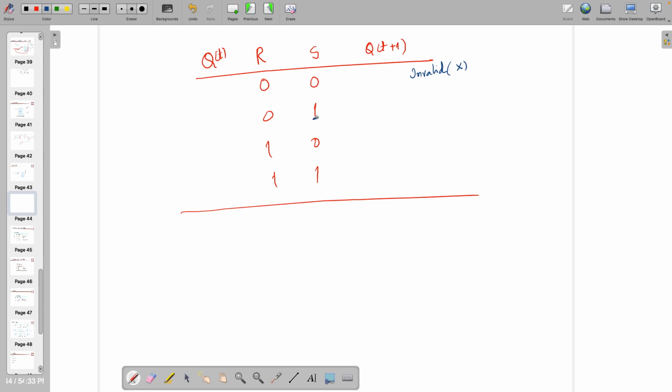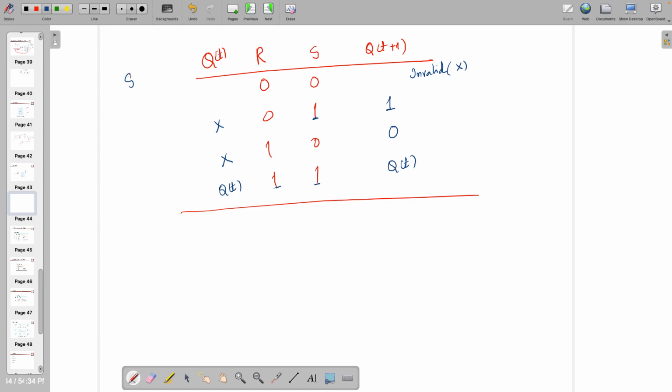If it is 0 1, irrespective of what Q of T is, we do not care, whatever Q of T is, the output is equal to 1, Q of T plus 1 equals 1. If you look at 1 0, whatever Q of T is, the output is 0. But in the case of 1 1, Q of T will be transferred to the output. So this is what we studied.